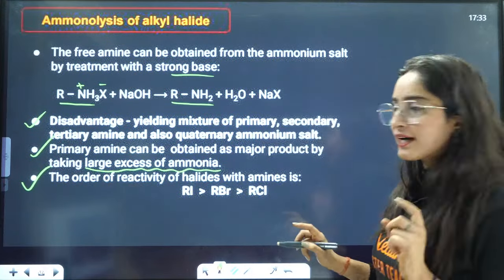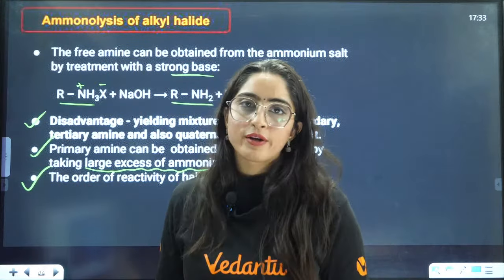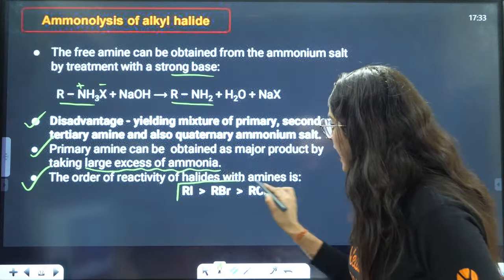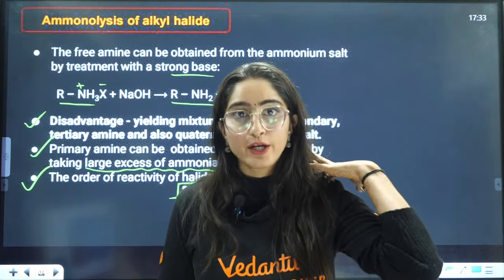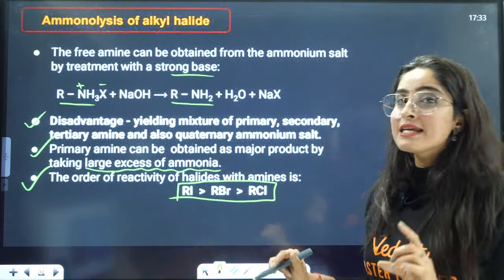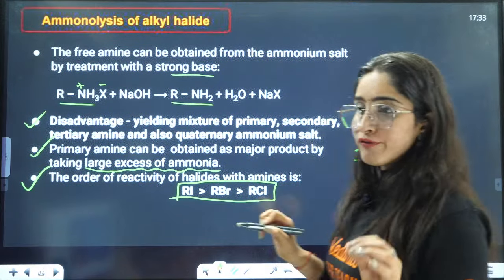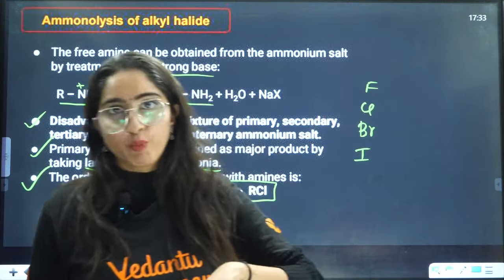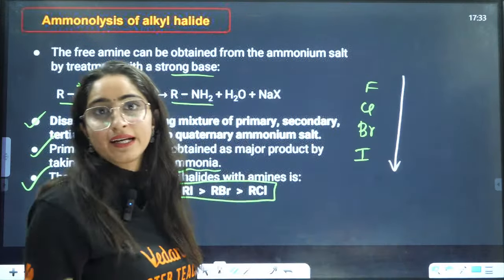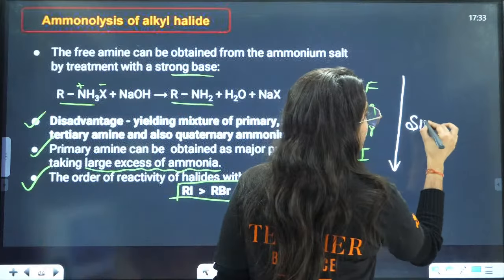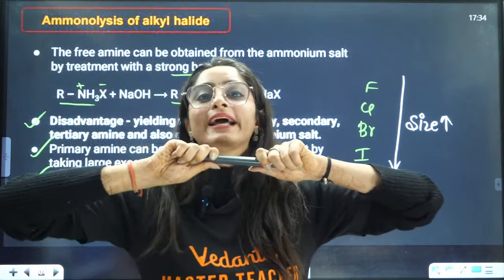Now, the order of reactivity. Whenever you have alkyl halide or hydrogen halide throughout organic chemistry, this is always going to be the order. The reason is you have fluorine, chlorine, bromine and iodine. Now tell me, from the periodic classification, down the group, what happens? Does size decrease or increase? Down the group size definitely increases. Because the size is increasing, bond length is increasing.